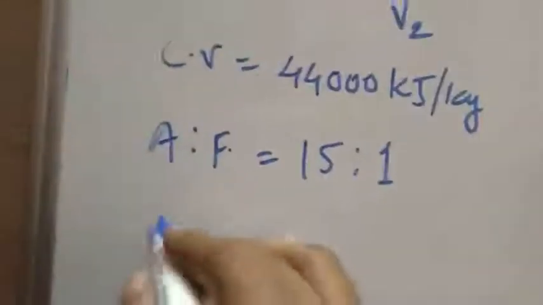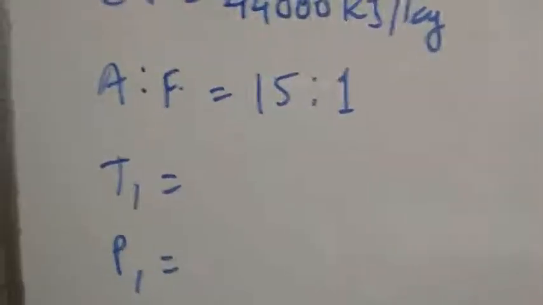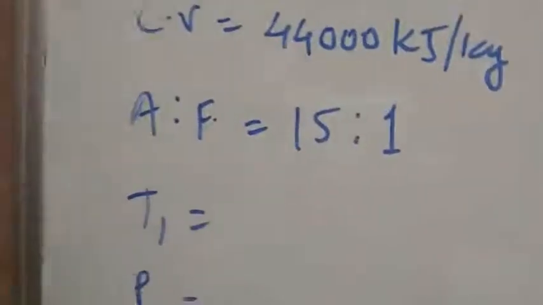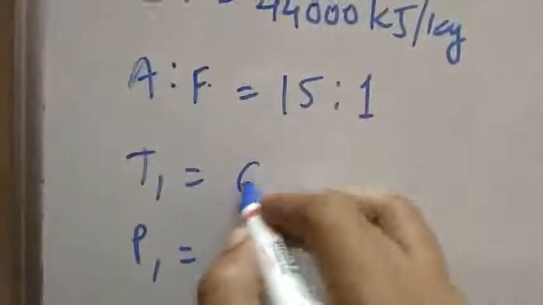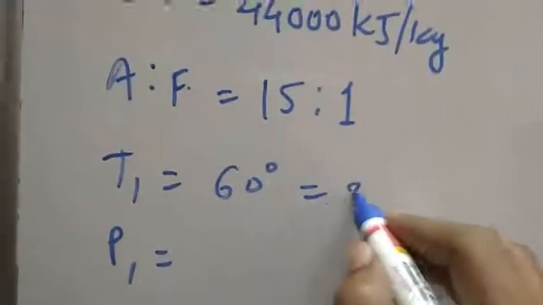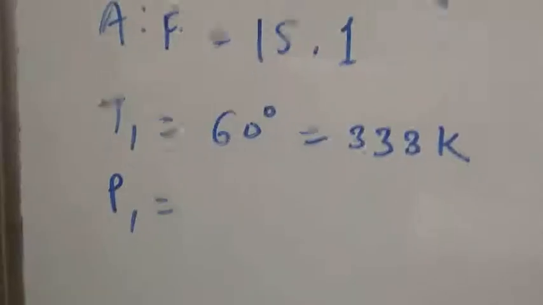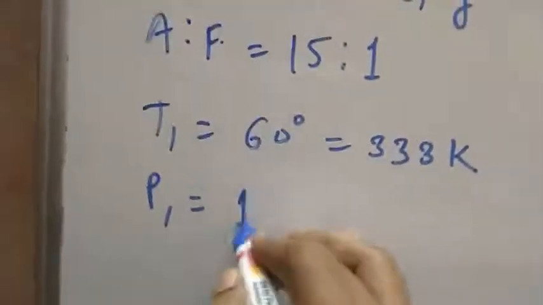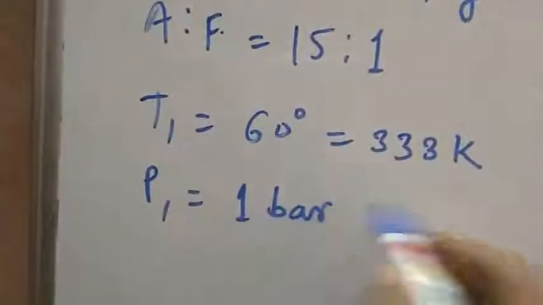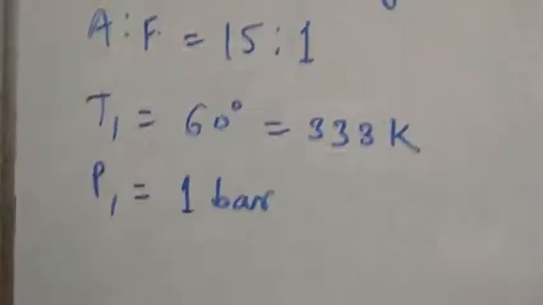So I will write T1 is equal to and P1 is equal to. T1 from the statement is given as 60 degrees Celsius. I will convert this to Kelvin, that is 333 Kelvin, adding 273, and pressure is given as 1 bar, which is the atmospheric pressure.